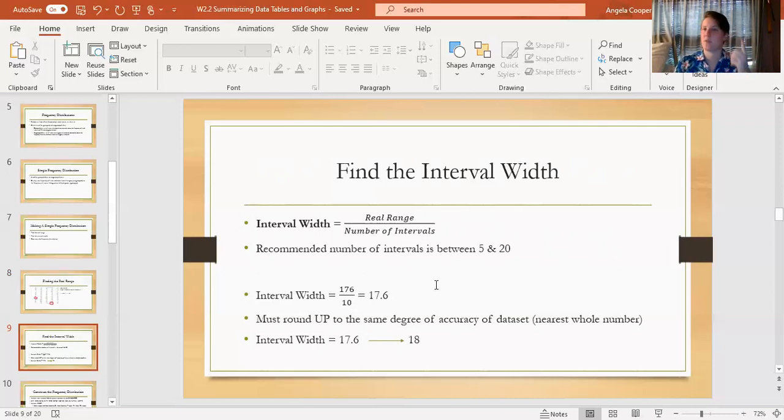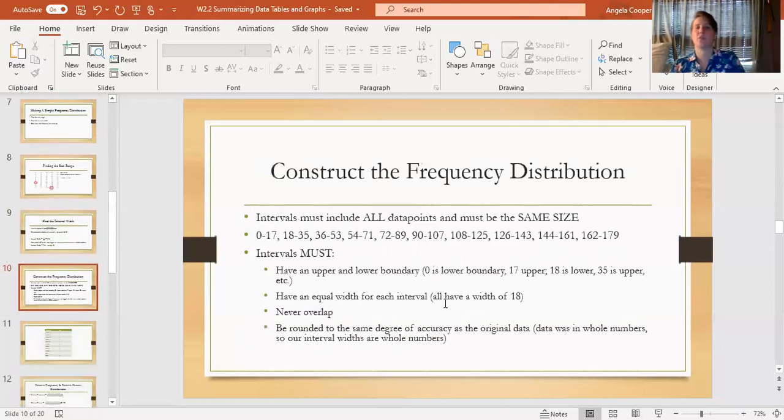So now we have the first two steps done, finding the real range and finding the interval width. Now we move forward to constructing the frequency distribution. One important thing at this point, we're creating the intervals. Just like in our age example, I said 17 to 22, 23 to 28, and I made it a point to count to make sure that 17 to 22 is the same size or width as 23 to 28.